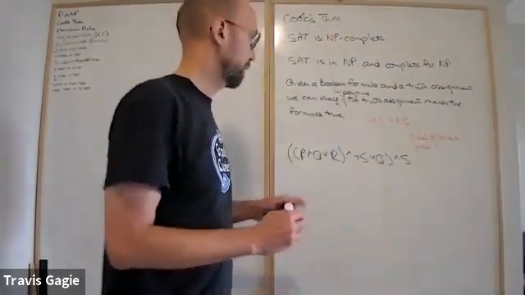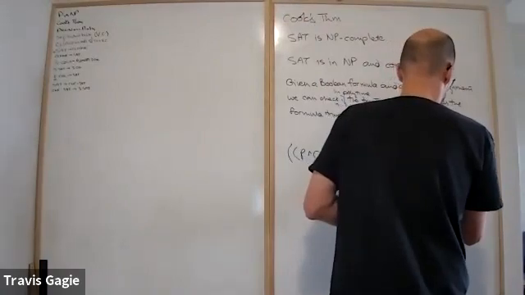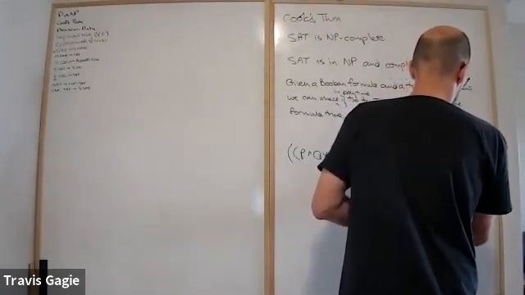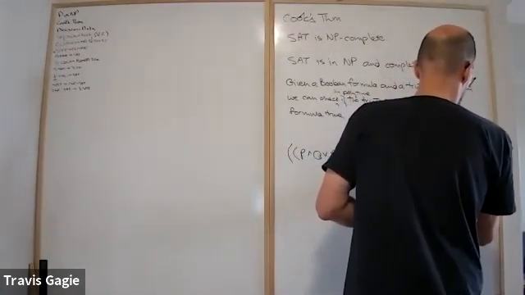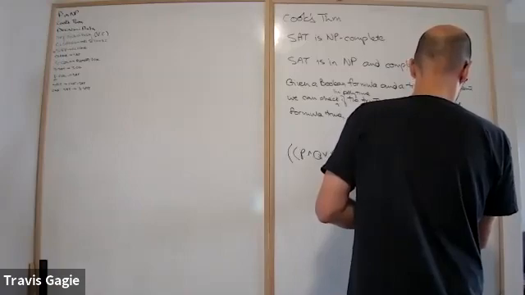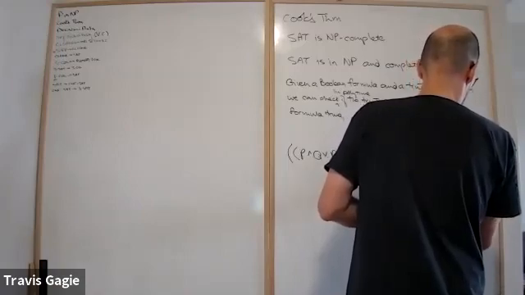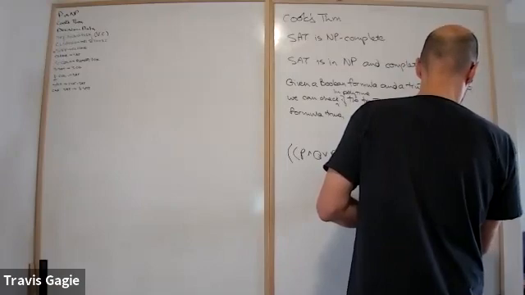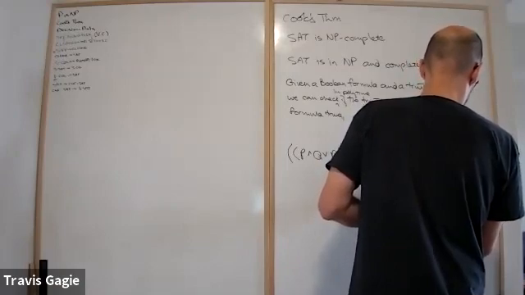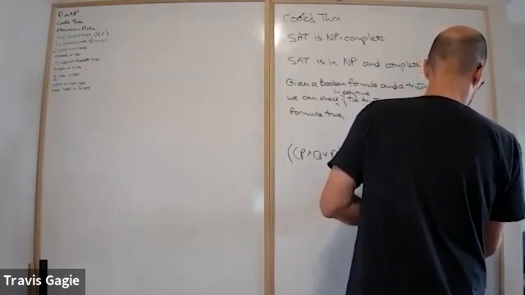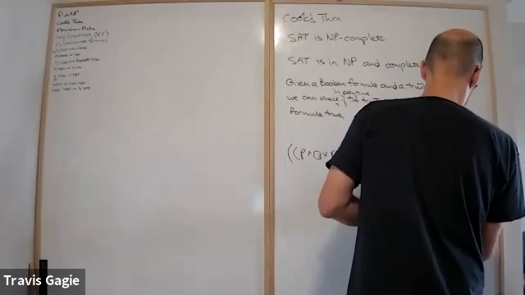Okay. Class of decision problems for which we can check a solution in polynomial time, polytime.